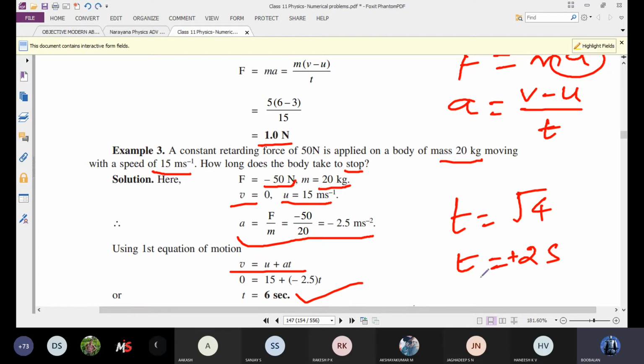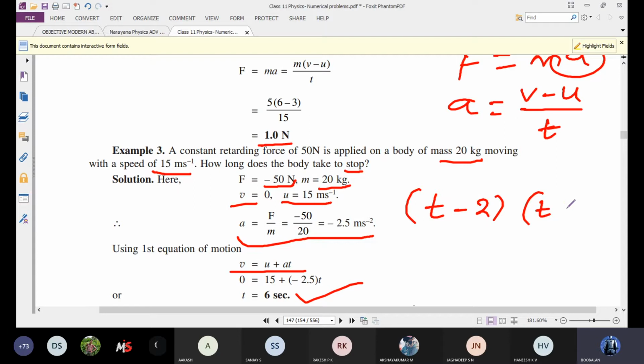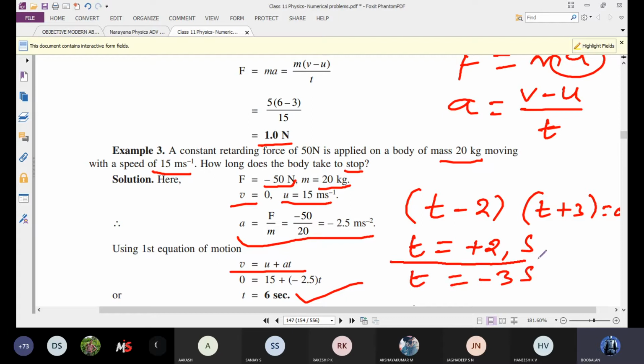Some condition: factorisation is there. t minus 2, t plus 3 equal to 0. Now t has two values: t equal to plus 2 seconds, t equal to minus 3 seconds. So which is the correct answer? The t value equal to 2 seconds. So this is the correct answer.